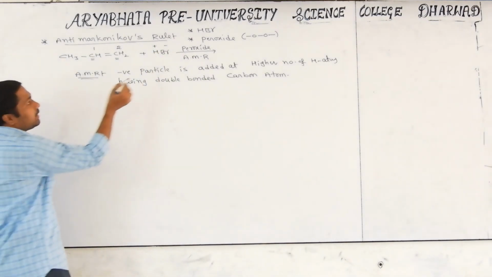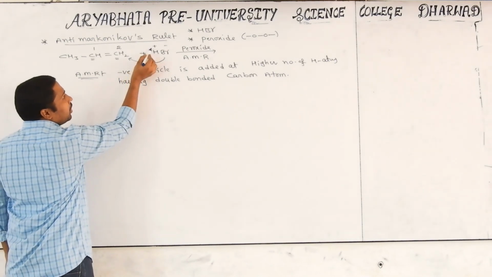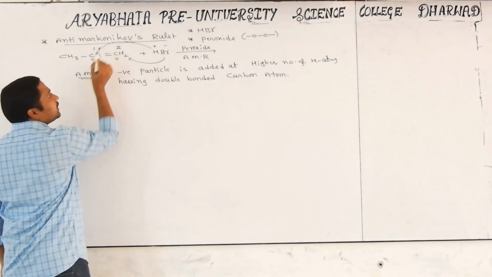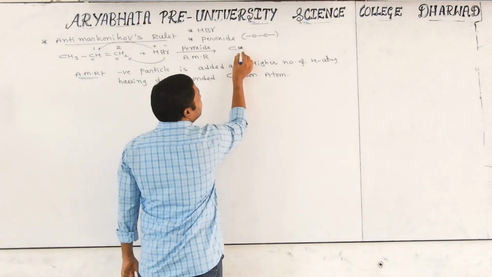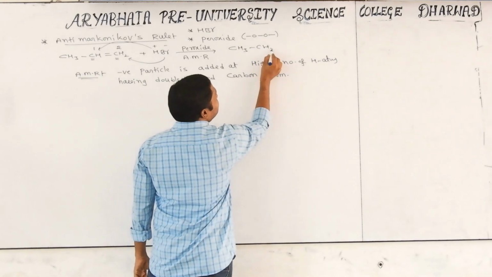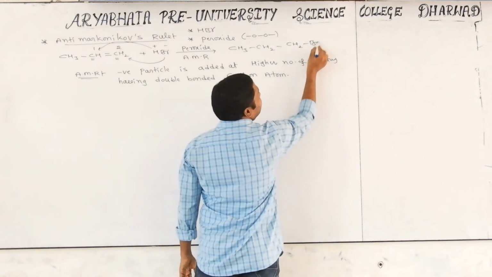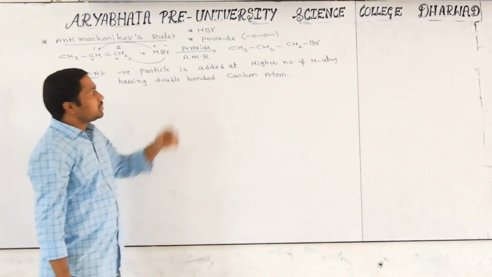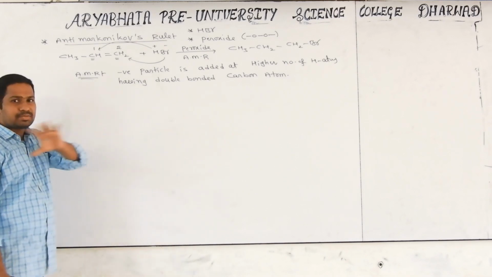The negative particle will be added at the double bond carbon atom with more hydrogens. Automatically at the other carbon the H plus particle will be added. Then we are getting CH3-CH2-CH2Br. What is the name of this compound? 1-bromopropane we are getting.